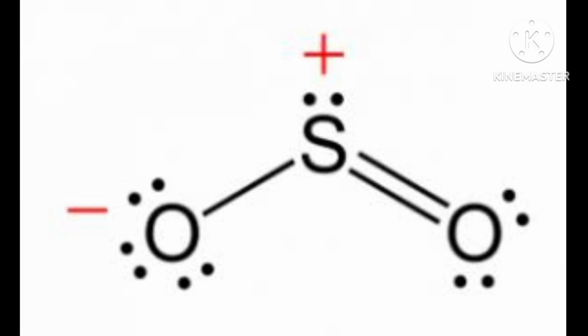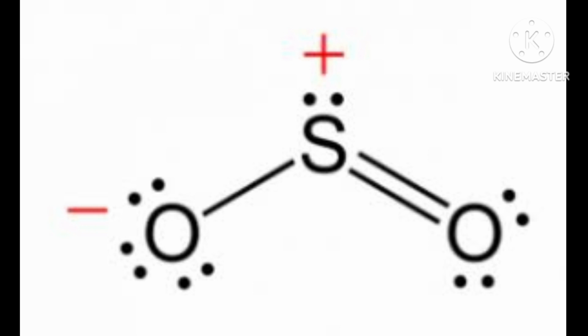Industrially, how will you prepare? Industrially, it is produced as a byproduct of the roasting of sulfide ores, like pyrite, FeS2. Balanced equation, you can write 4FeS2, that is solid, plus 11O2.